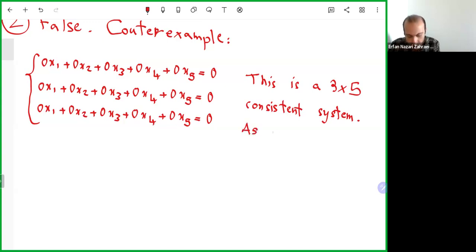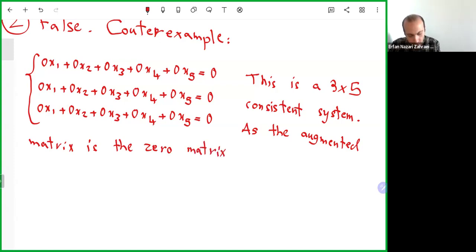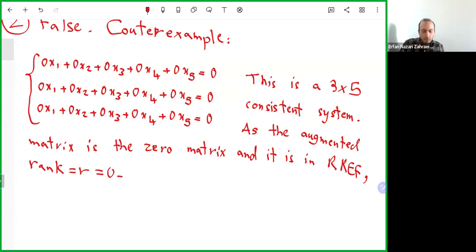As the augmented matrix is the 0 matrix, and it is in RREF, rank equals R equals 0.